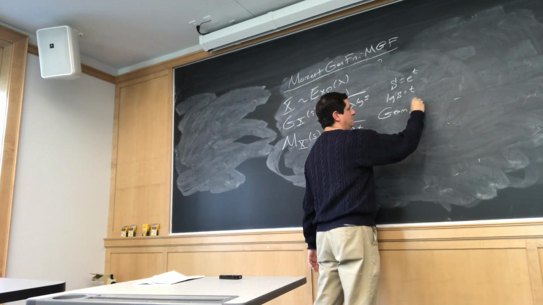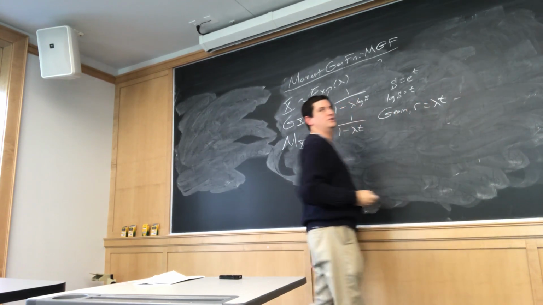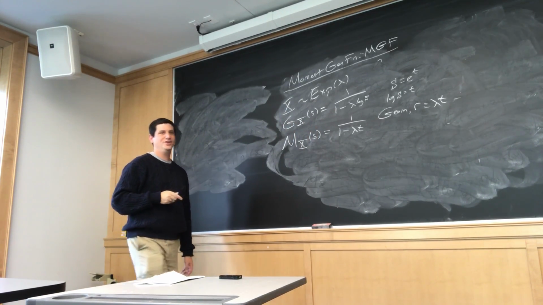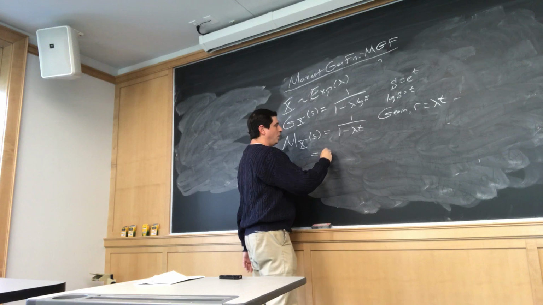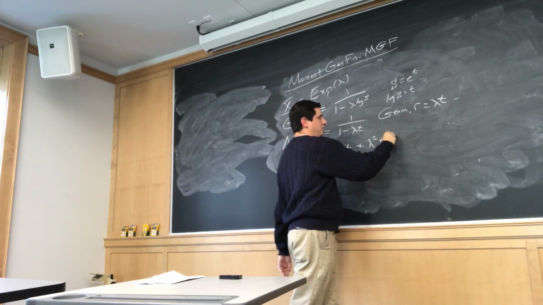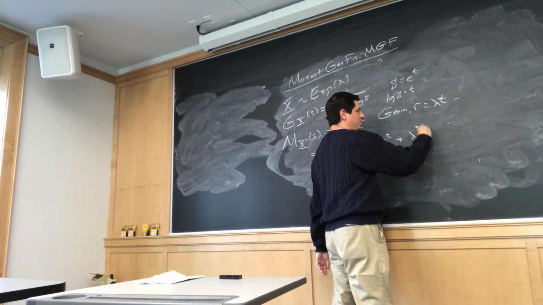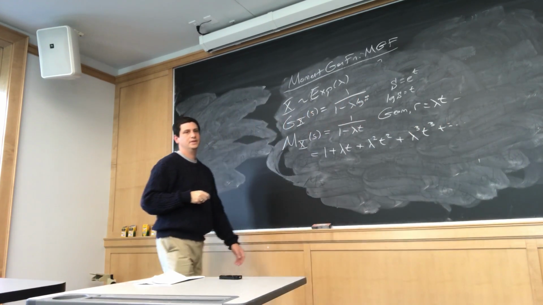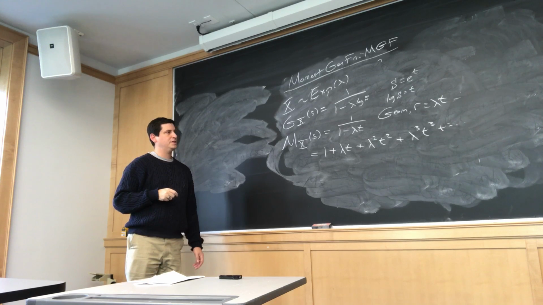Geometric, with the ratio equal to lambda t. When in doubt, I am lazy and I don't want to do calculations. So I know this is just 1 plus lambda t plus lambda squared t squared plus lambda cubed t cubed plus dot dot dot. And then somebody in the class will go, but Professor Miller, it doesn't have the n factorials down below.